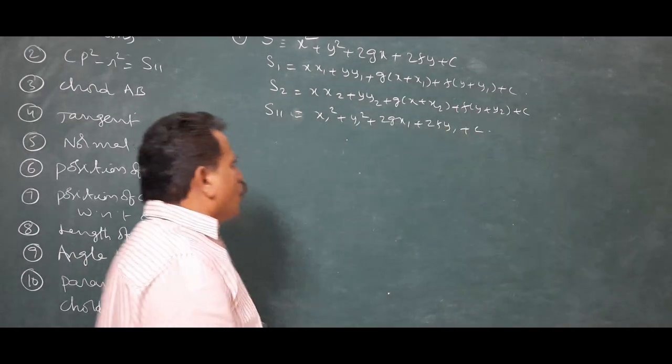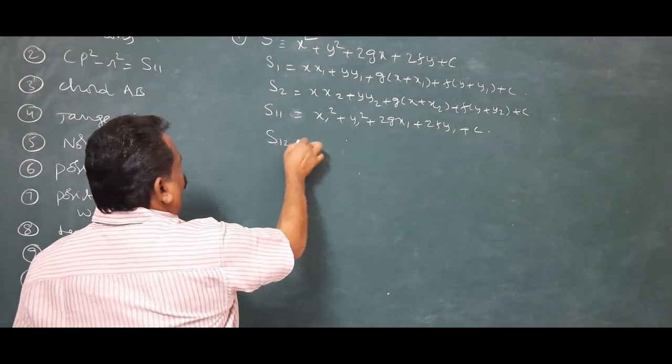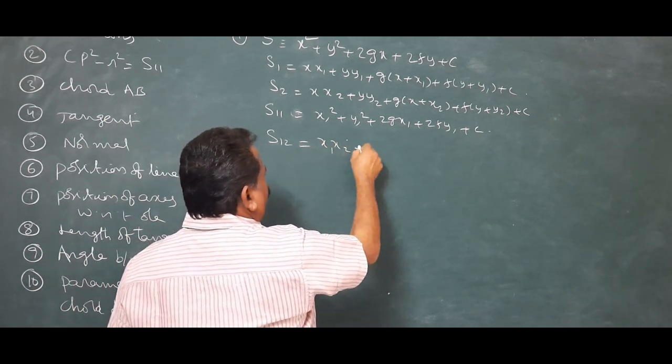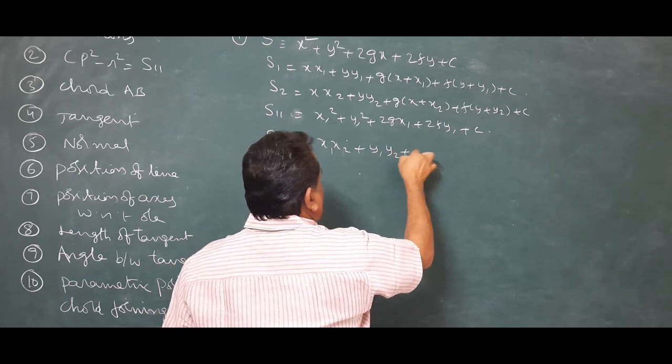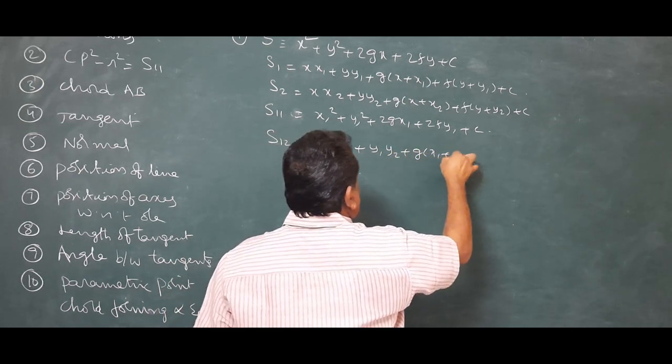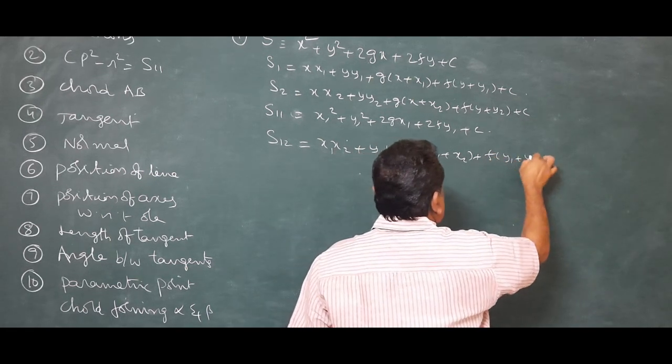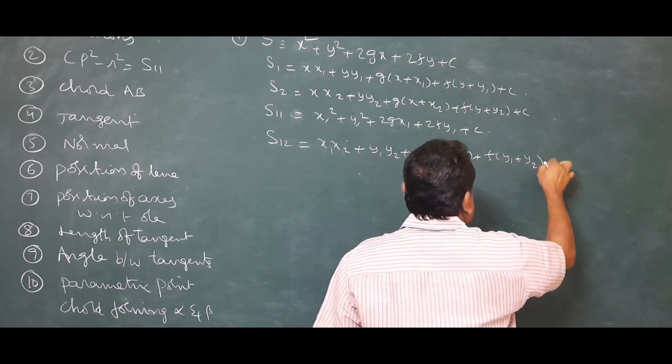Now S12 equal to x1 x2 plus y1 y2 plus g into x1 plus x2 plus f into y1 plus y2 plus c.